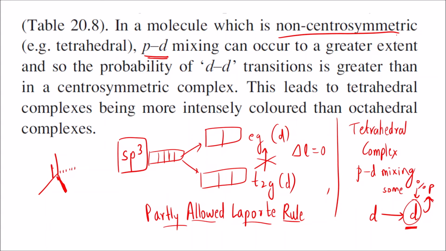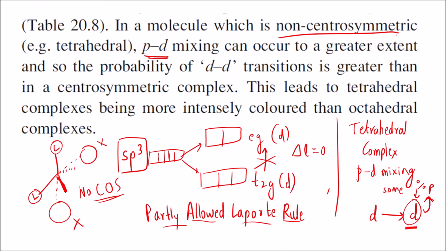Here there will be a metal, and then there are 4 ligands. If you suppose there is some ligand and look at the exactly opposite side, can you see any ligand? No. Similarly here, if there is one ligand, is there any ligand exactly opposite? No. So there is no center of symmetry present in a tetrahedral complex. That is what is called non-centrosymmetric.